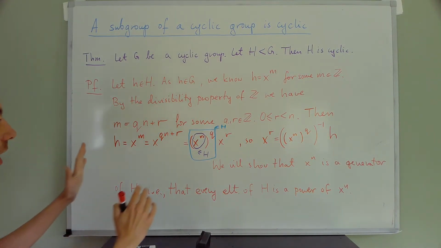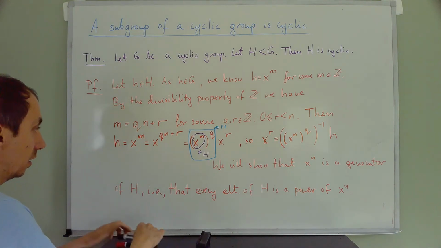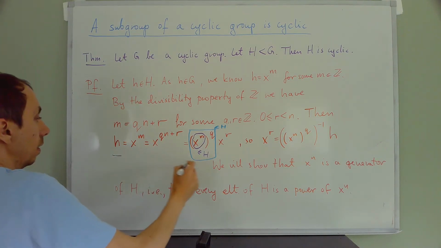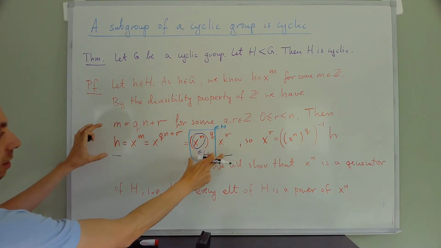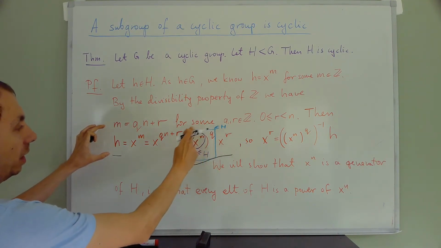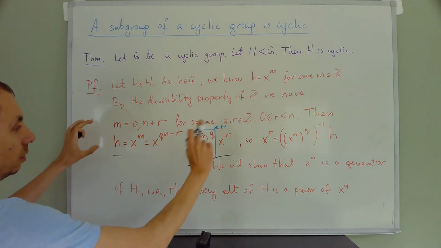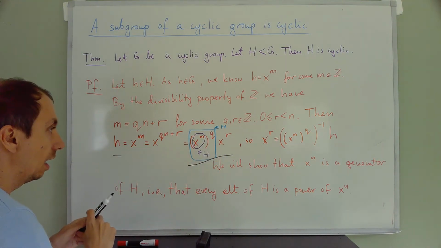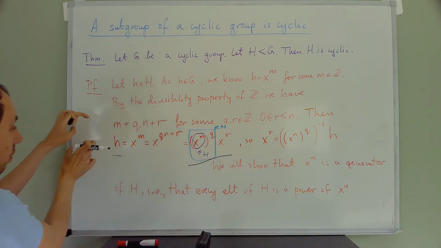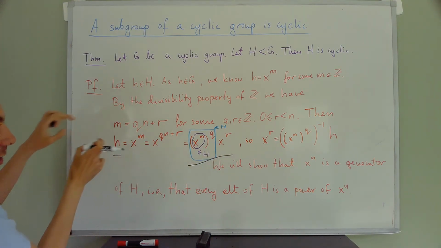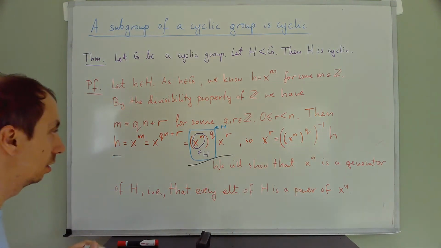Okay? So I'm looking at these two, this is an equality, h is equal to that, and I multiply on the left by the inverse of that. So I get X to the r on the right hand side, and on the left hand side I get the inverse of that times h.